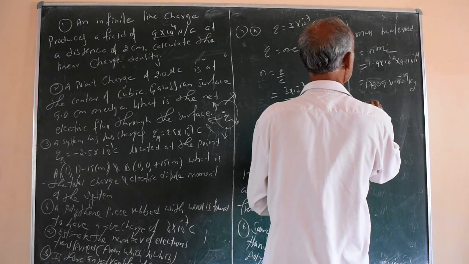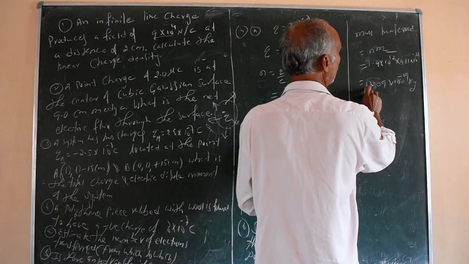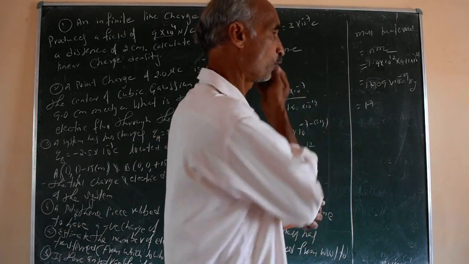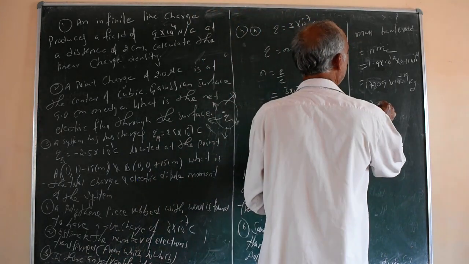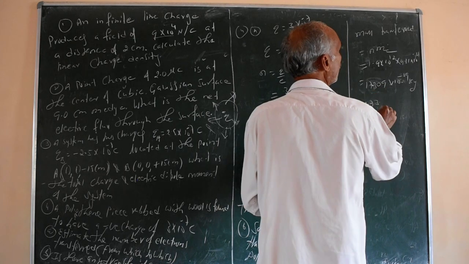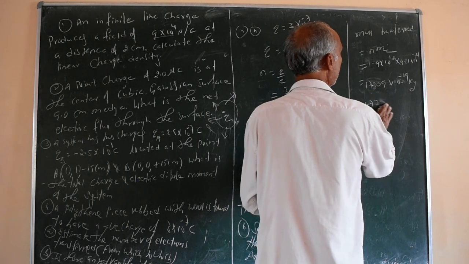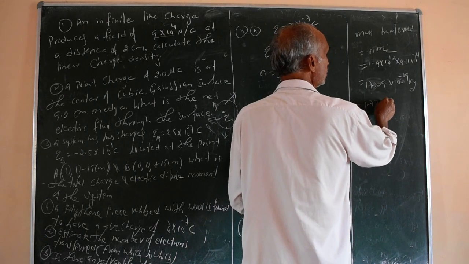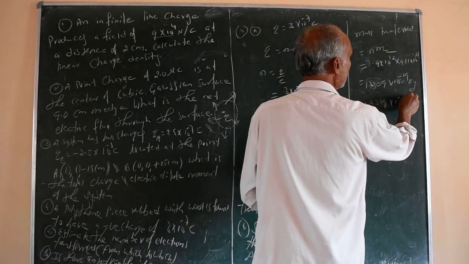I will shift the decimal point one place left because the base number should be between 1 and 10. So it is 1.7309 into 10 to the power of minus 19 kg.